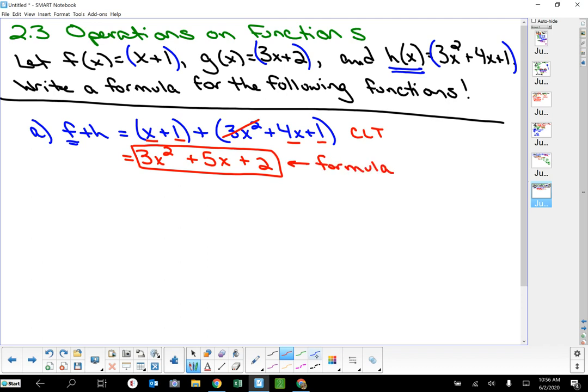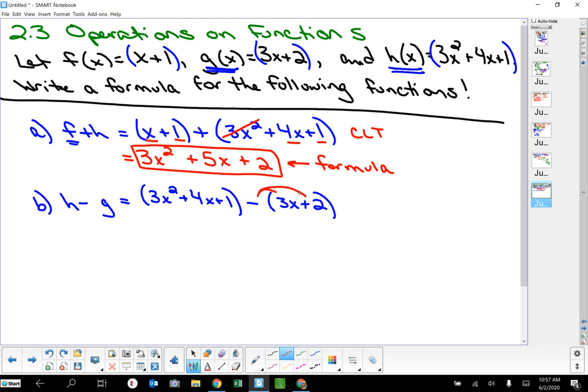Okay? Now, B is where these get hard because you guys leave signs off and you're not careful. H minus G. You're simply taking function H, 3x squared plus 4x plus 1, and subtracting off g of x, which is 3x plus 2. And the way I wrote it, you should be able to identify that you need to distribute that.